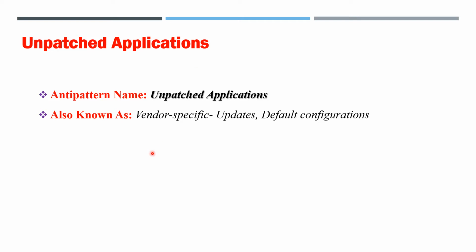So unpatched applications can be given different names like vendor specific updates or default configurations. Refactored solution name: patch management. We should know how to manage the patches or update the application.